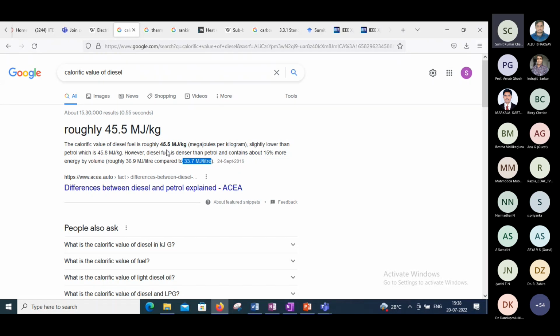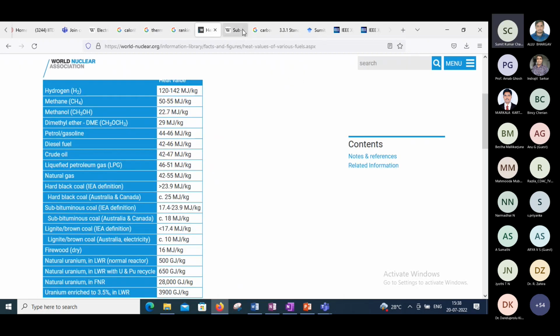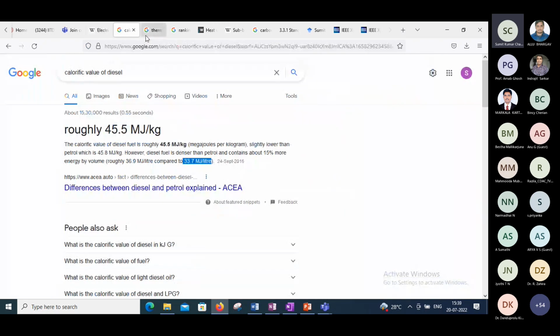Just a statistical data: the thermal efficiency of a diesel engine, we can calculate. The diesel generators we have can give nearly 4 kilowatt hour per liter, so that's nearly about 40% efficiency.